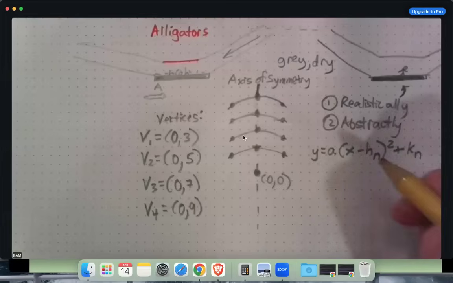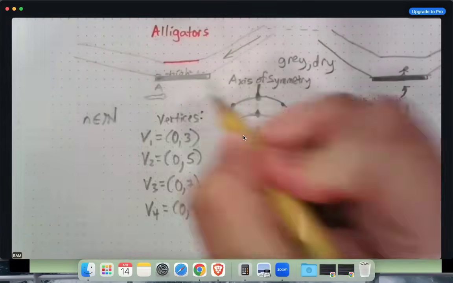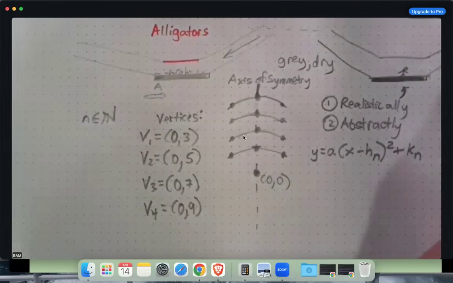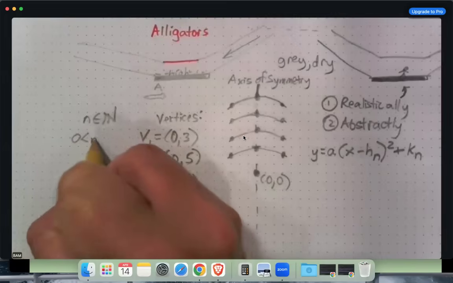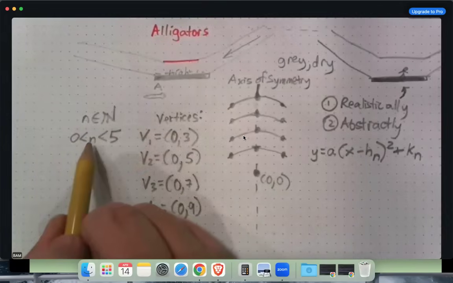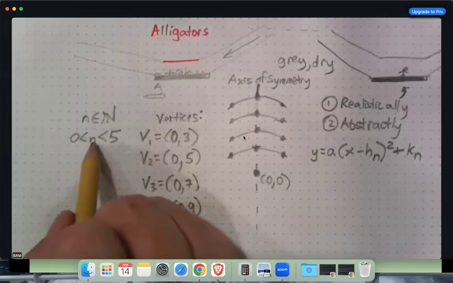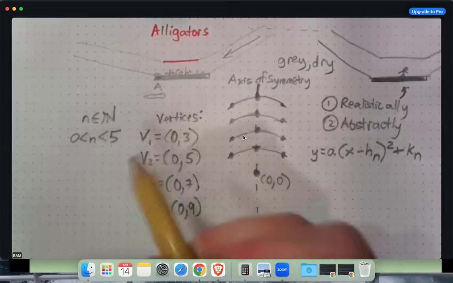Okay. n is an element of the natural numbers. And n is 1, 2, 3, or 4. So it has to be a natural number greater than 0 and less than 5.